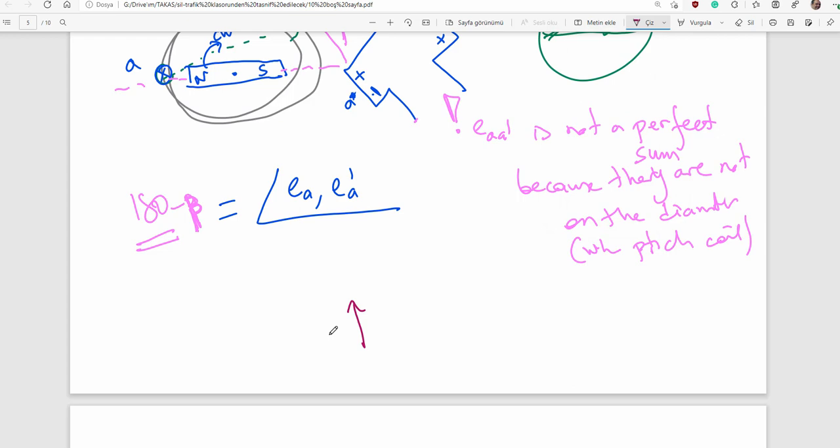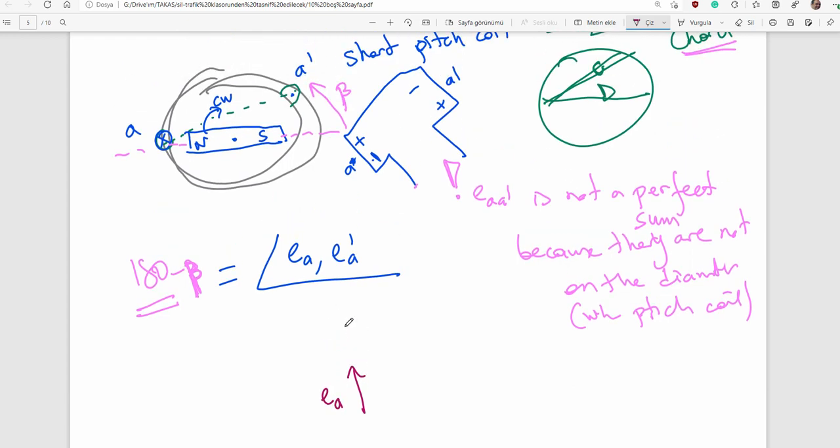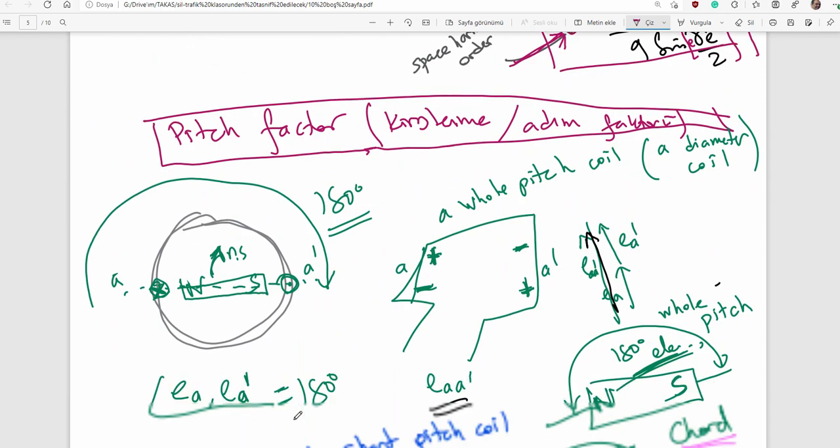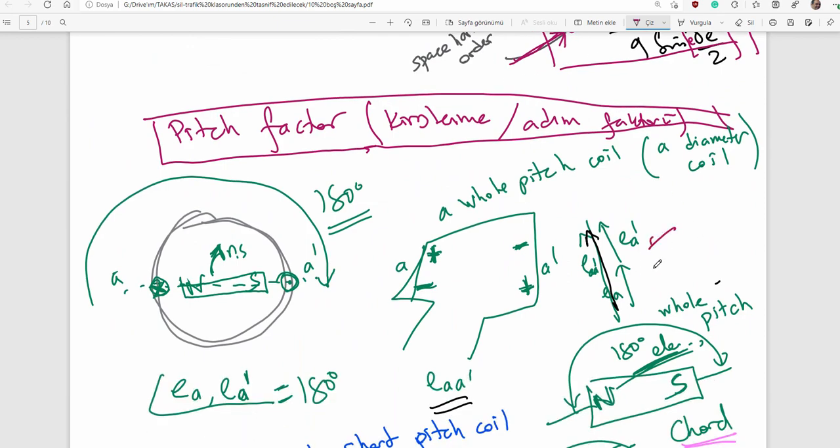That is the EMF on the left hand side. In fact, in case there is a whole pitch coil, it was something here, EA prime. Remember, it was here.